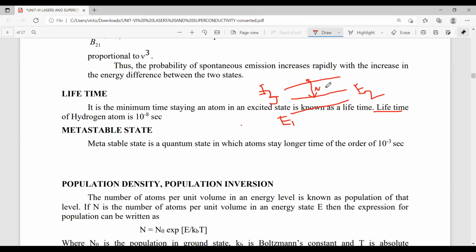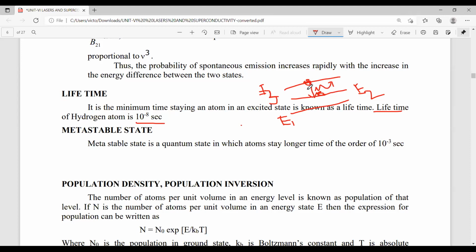Spontaneous emission is nothing but, without giving external energy, the atom jumps from a higher energy level to a lower energy level. The lifetime at this state is very less, that means 10 power minus 8 seconds.